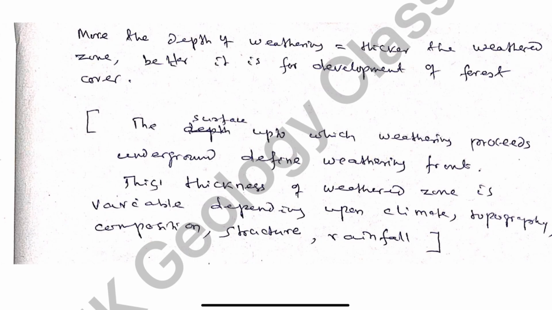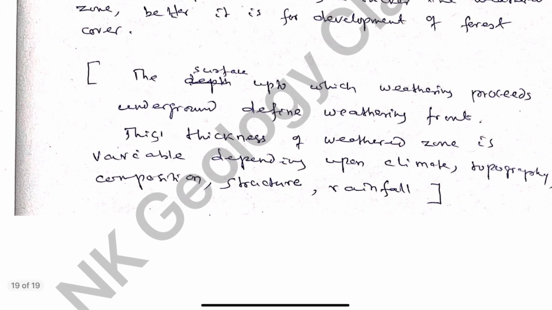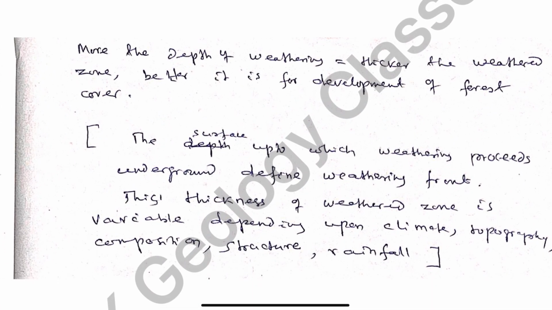And as I have already discussed, weathering cannot go on indefinitely with depth. There is a certain depth up to which weathering can proceed. We cannot see weathering penetrating deeper into the earth. So the depth up to which weathering proceeds is called the weathering front, and the zone that lies above it is called the weathered zone.